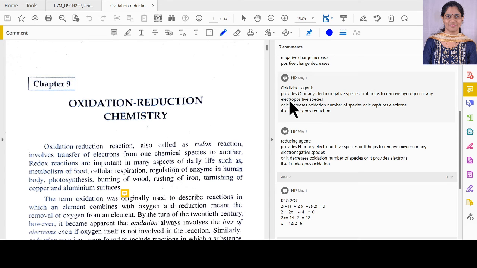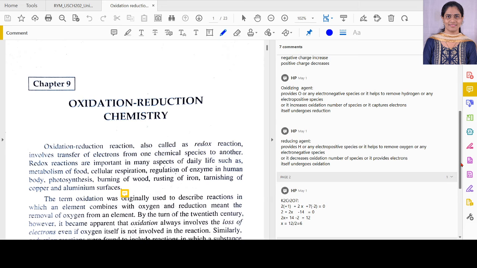Now the oxidizing agent itself undergoes reduction, the reducing agent itself undergoes oxidation. So in a redox reaction both the reagents are present simultaneously, therefore oxidation and reduction reactions are complementary to each other.